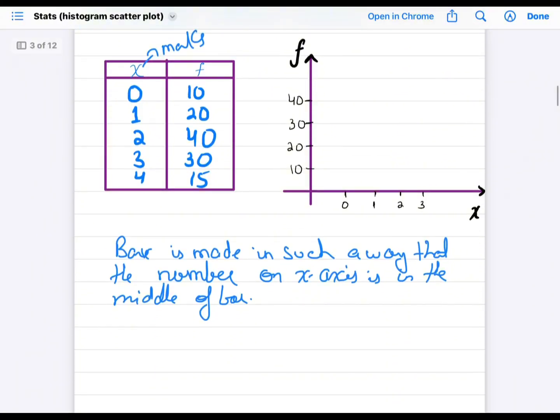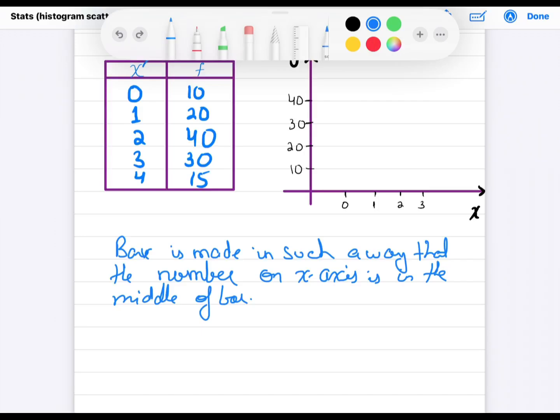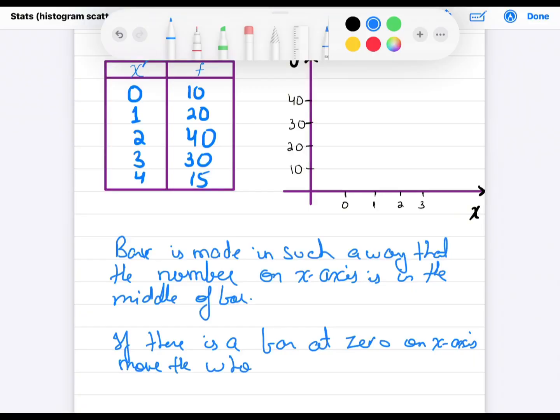Another point is that when the value 0 is given, as you can see the marks 0 is given, if there is a bar at 0 on the x-axis, move the whole x-axis one box forward.